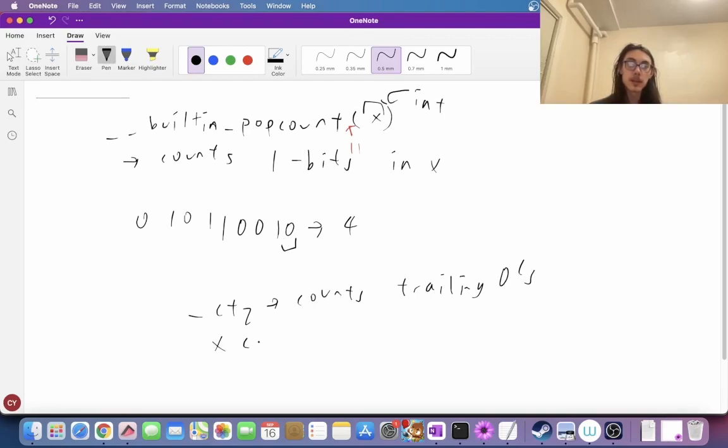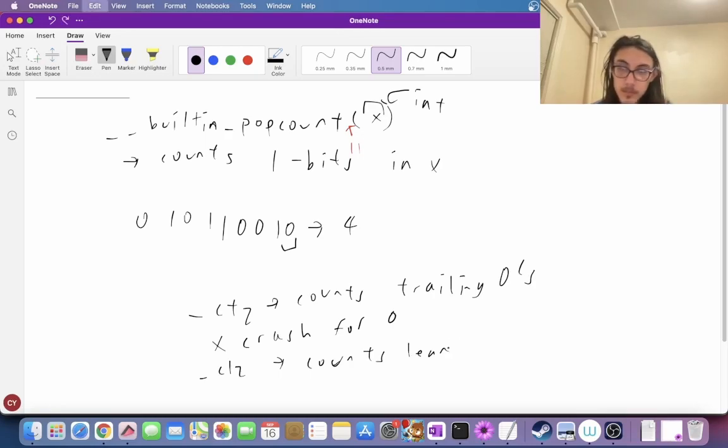Note that this will crash for 0, or it's undefined behavior for 0, so don't do that. And __builtin_clz will count leading zeros. This will also crash for 0, so be careful with that. So this applies to both of them.